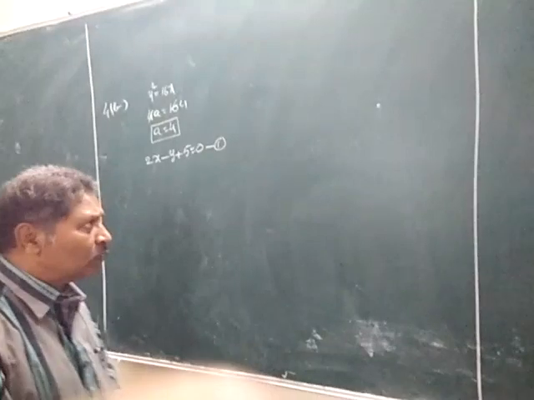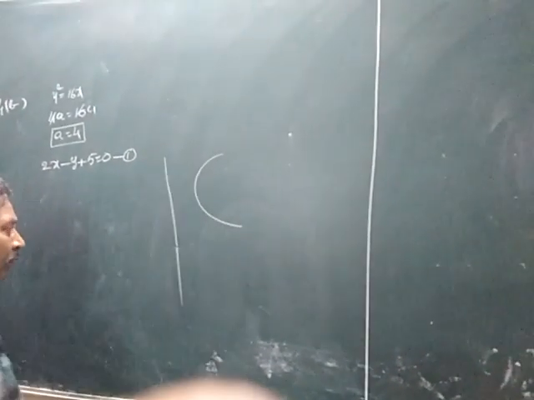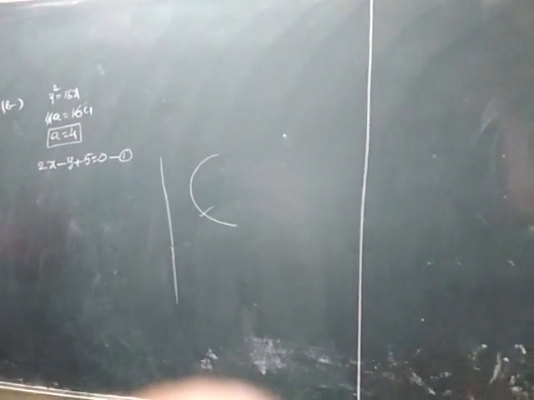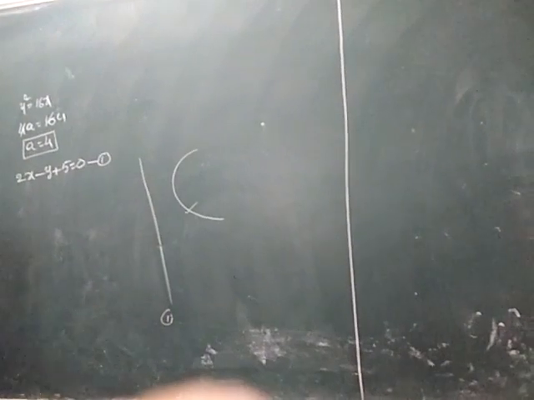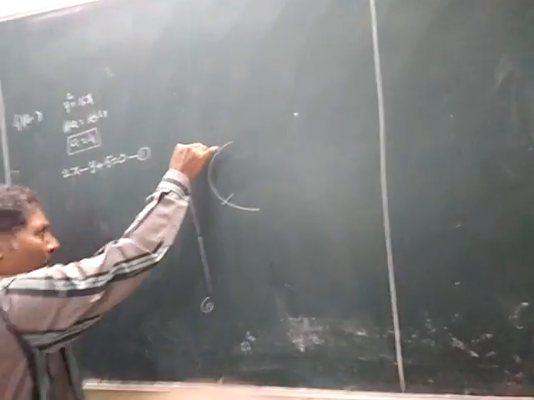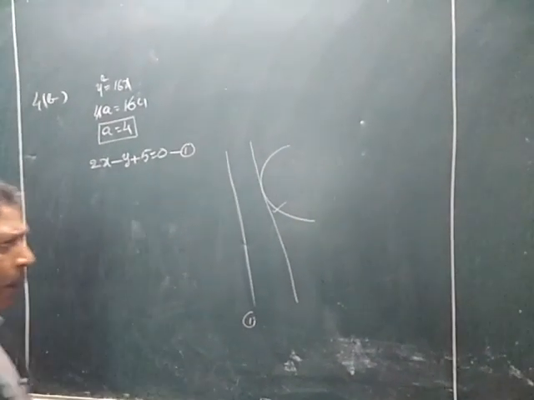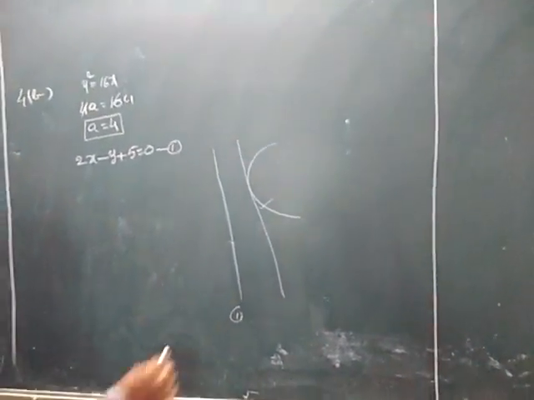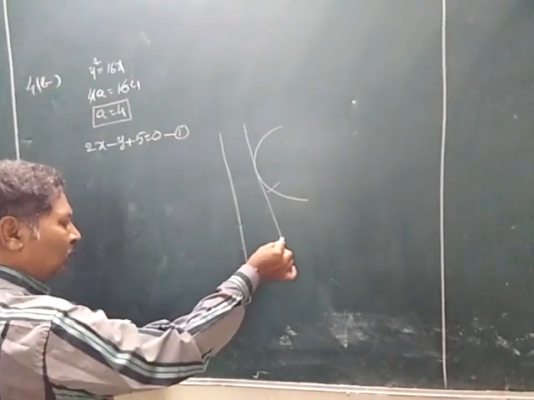Listen, equation of the tangent. This is the given parabola. This is the given line. Find the parallel tangent. First case, parallel tangent. These two are parallel lines.